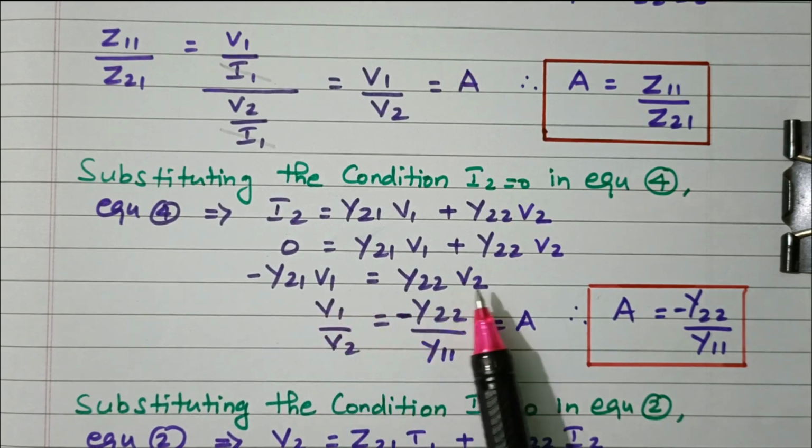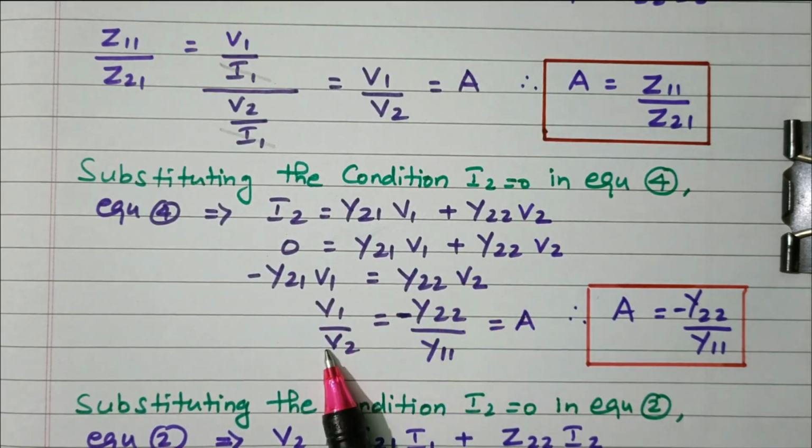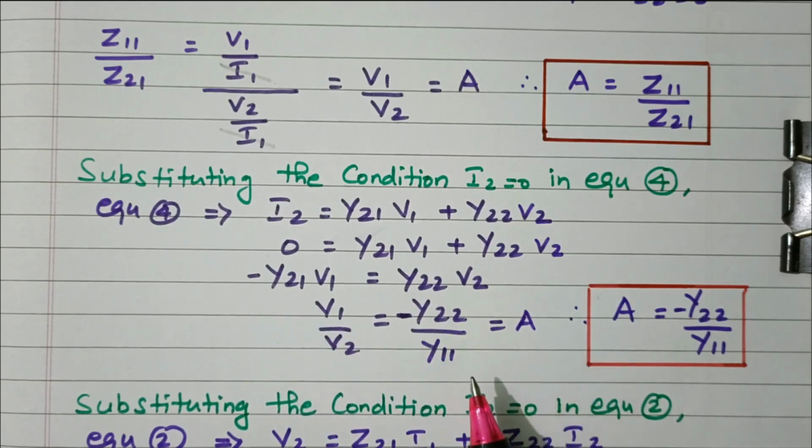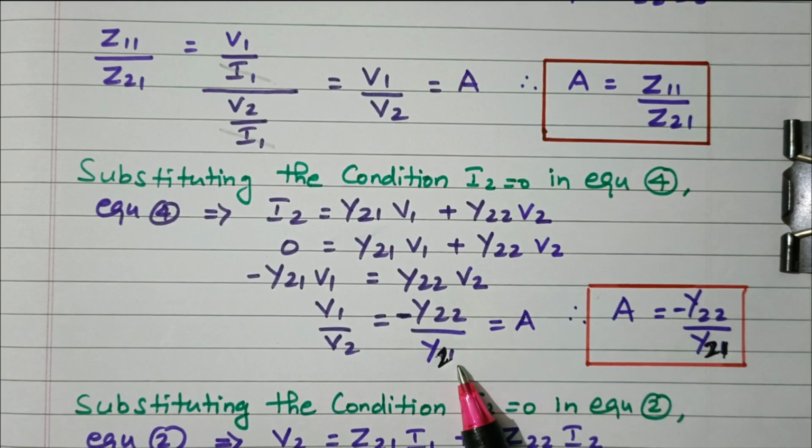Bring this V2 to the denominator, and minus Y21 to the denominator on that side.